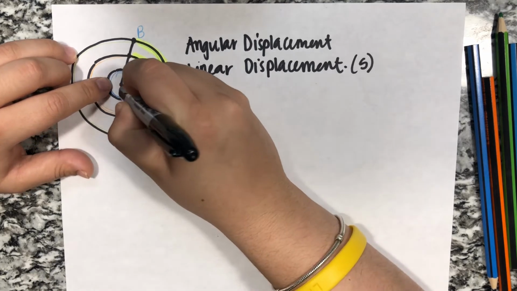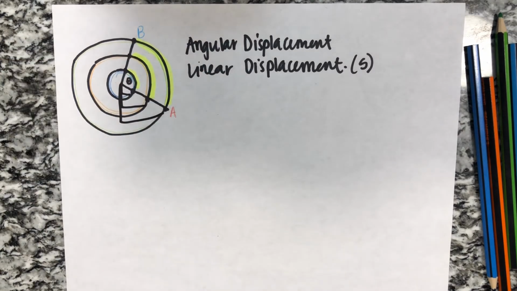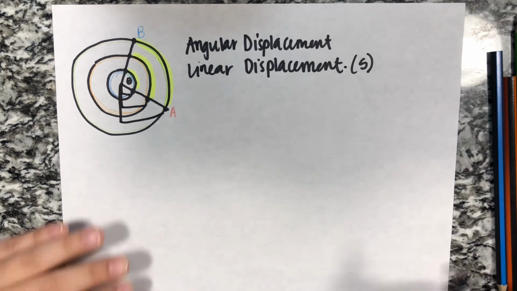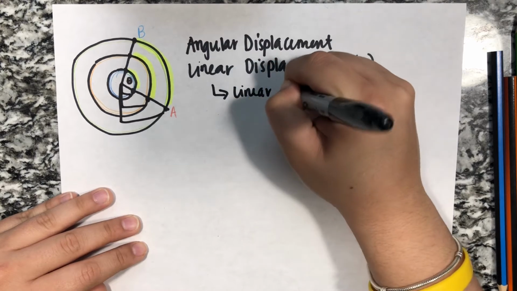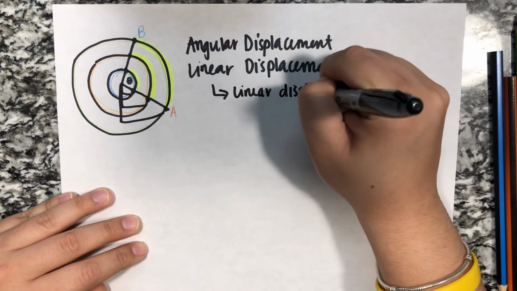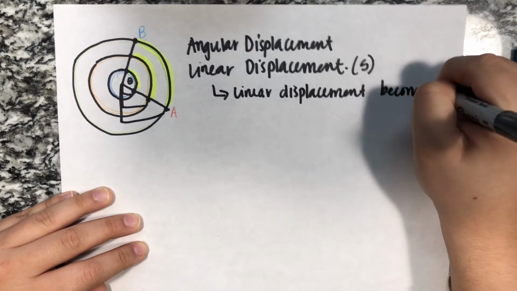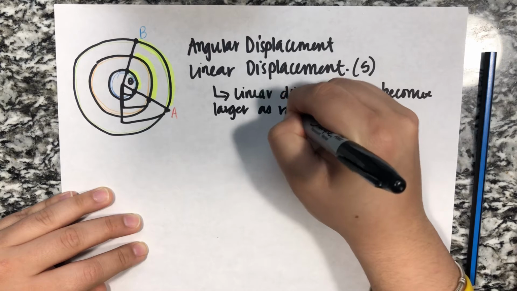So we have three different radii, and because the radii change, the linear displacement gets bigger and bigger as the radius gets bigger and bigger. So linear displacement becomes larger as radius increases.